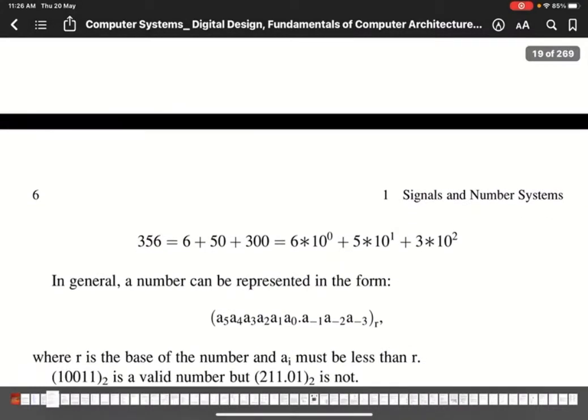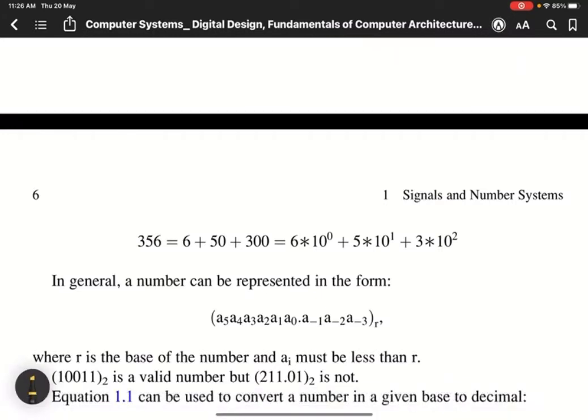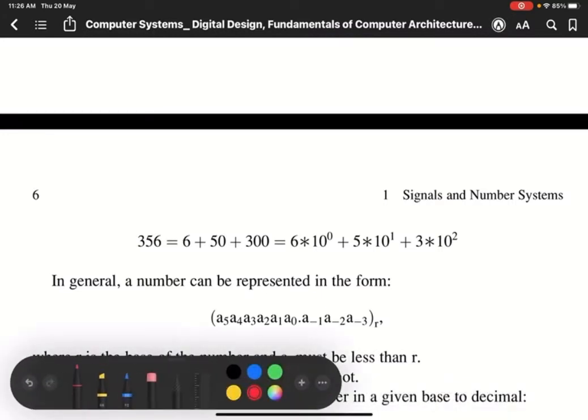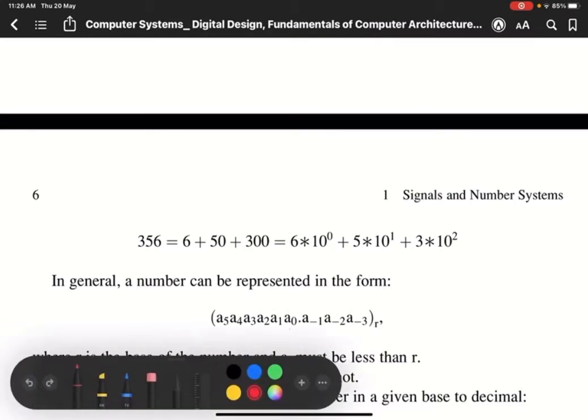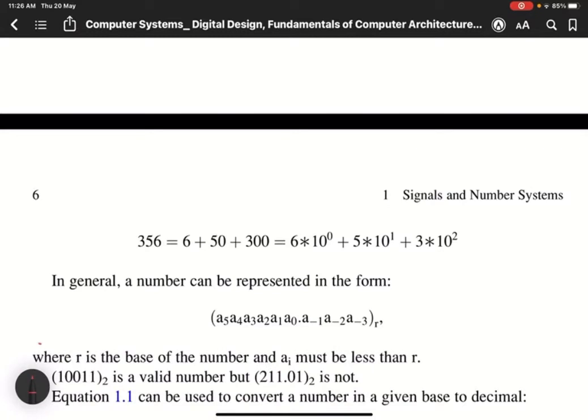If we write 356, we have the following format. If we write them according to their format, we have the ones, the tens, and the hundreds.